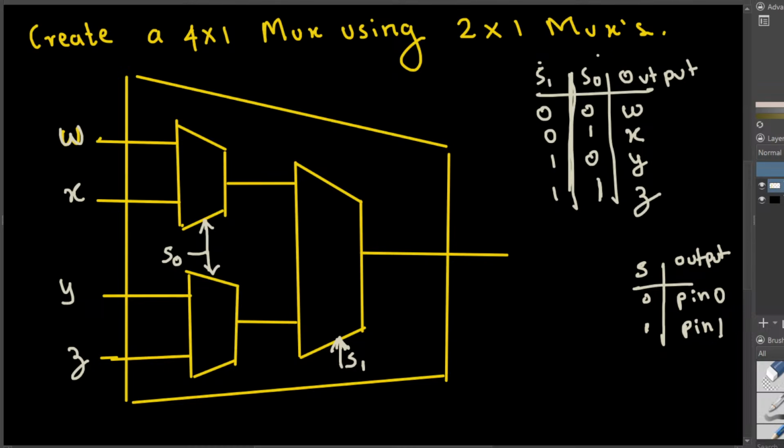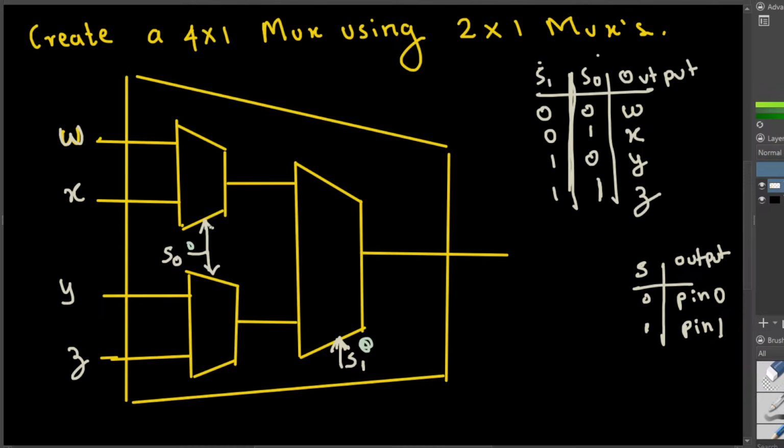Now let's go ahead and put some inputs. Let's verify whether it's correct. So according to the 4x1 mux output, if S1 is 0 and S0 is 0, the output should be what?